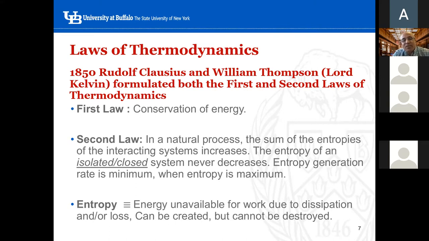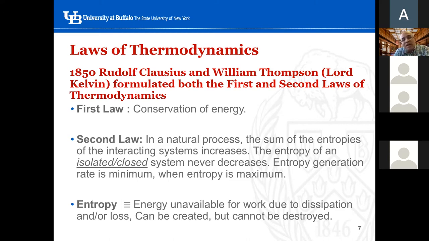Now, the simplest description of entropy is energy unavailable for work due to dissipation or loss or degradation. It can be created, but cannot be destroyed. Opposite of energy: you cannot create energy, but you can create entropy. You cannot destroy entropy. Entropy generation is always positive. It means that the system will always age, will always get older.